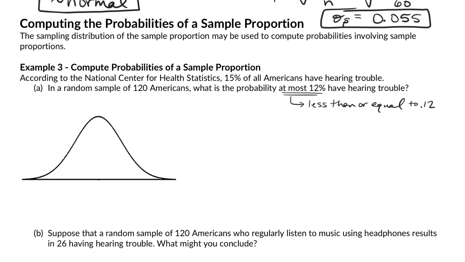Okay, cool. So we have this statistic for all Americans. This is the proportion of my population. It says in our simple random sample of 120, what is the probability at most 12% have hearing trouble? So if we look for the mu of this p hat, it will be exactly the proportion of the population where this happens, which is 0.15.